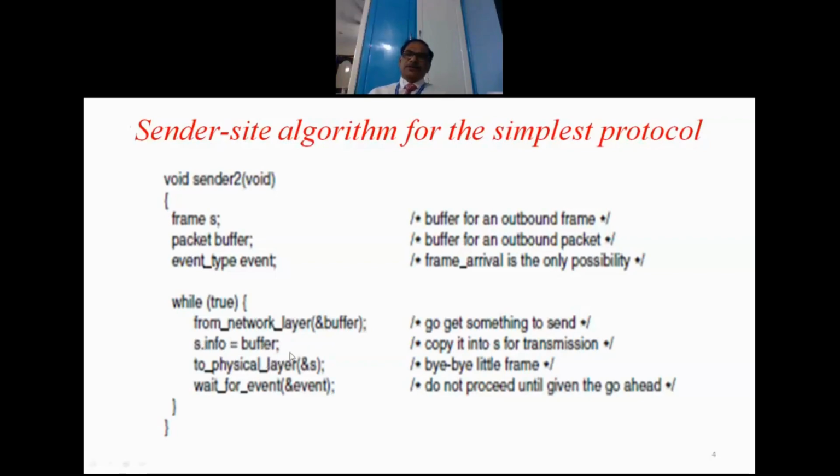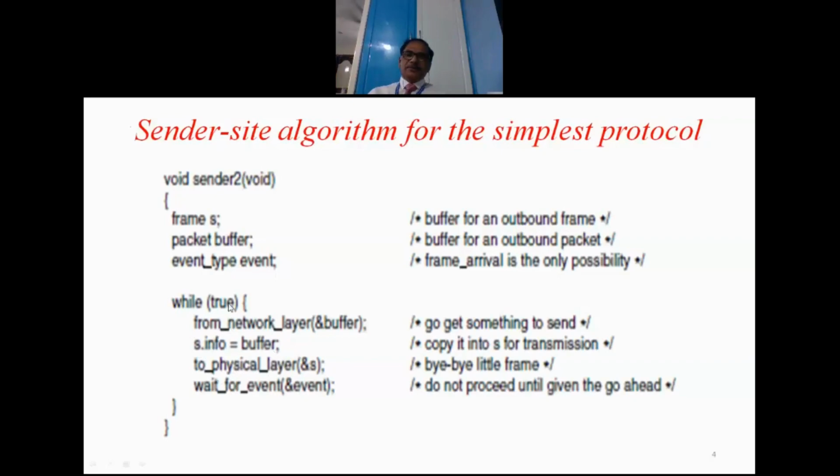Simply what it does is put it into the frame with physical address attachment. Then the frame will be handed over to the physical layer. That is the task. The wait for event step is not required in this particular case. Okay, so this is the simple algorithm at the sender place.